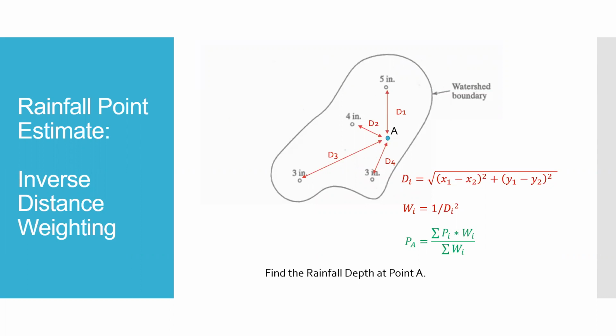So we can estimate the distance, and then we can use different powers here, but we can create a weighting factor, 1 over d squared in this case. And then we can estimate the precipitation by taking the sum of the individual precipitation gauge measurements multiplied by the weights for each distance, and then dividing by the total sum of weights. And so that'll give us, in this case, the inverse distance squared estimate of rainfall at that particular point.